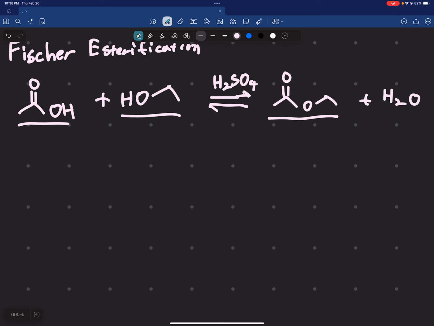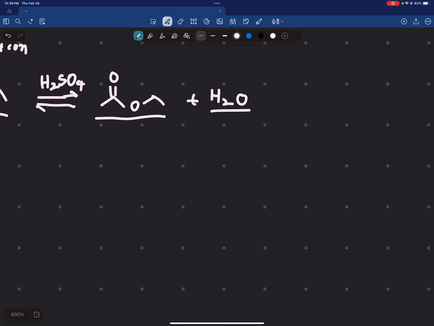If the alcohol is relatively inexpensive relative to the carboxylic acid, we can use a very high excess of alcohol in order to push the equilibrium towards our ester product. Or we can remove water through azeotropic distillation and a Dean-Stark trap in order to also push the equilibrium towards our ester product.